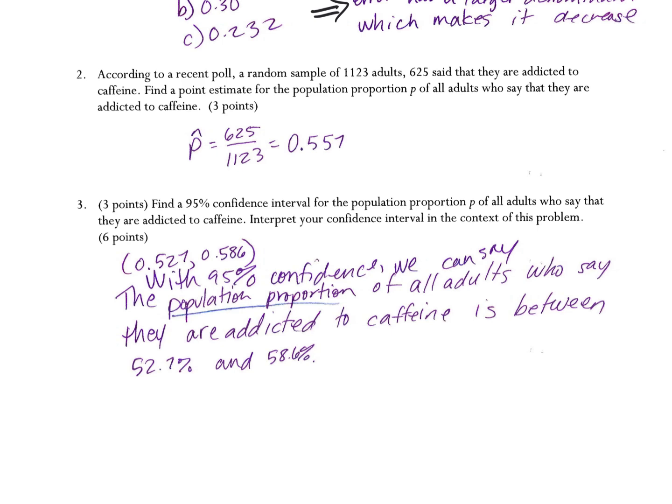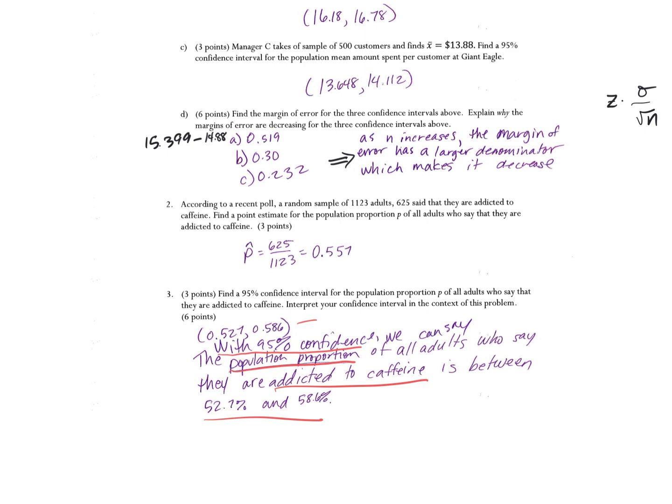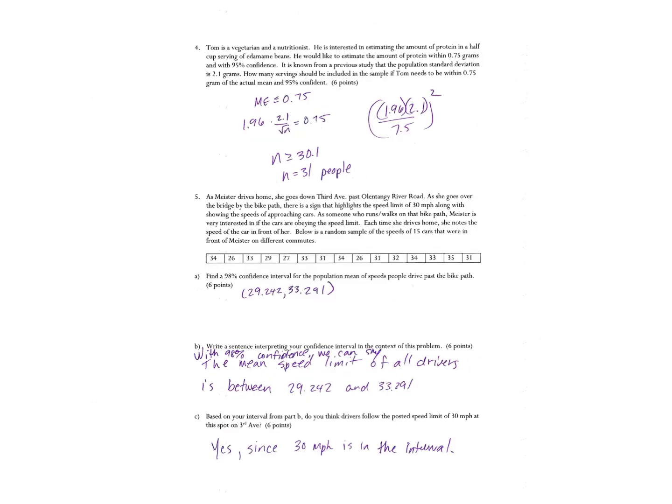A reminder that when I'm grading each thing, the interval here might be worth 2 points, then this might be worth a point, this might be worth a point, and then labeling that interval might be the last 2 points. Okay? Oh, actually, the whole, addicted to caffeine, what are we estimating? That context is going to be really important. Okay? Questions on the first page? Okay.